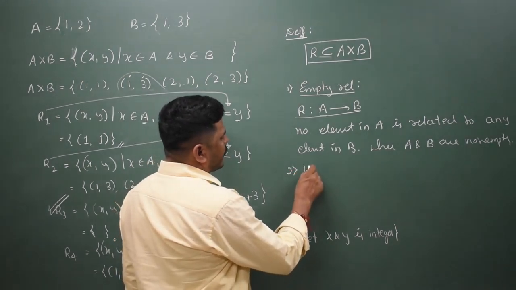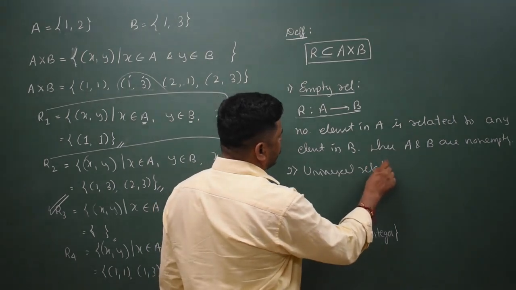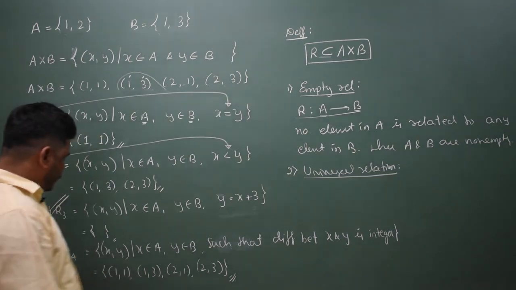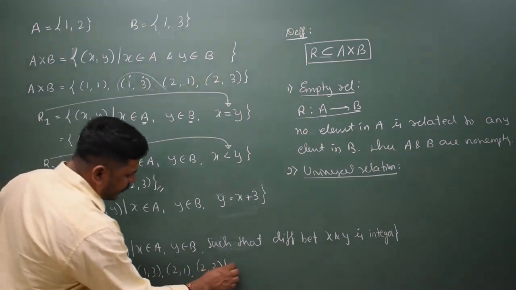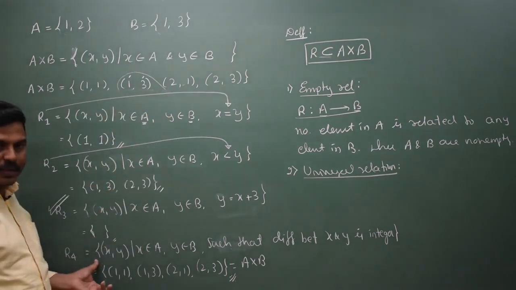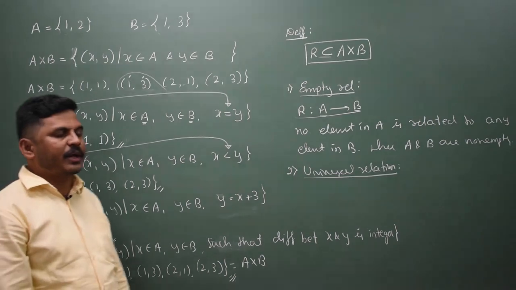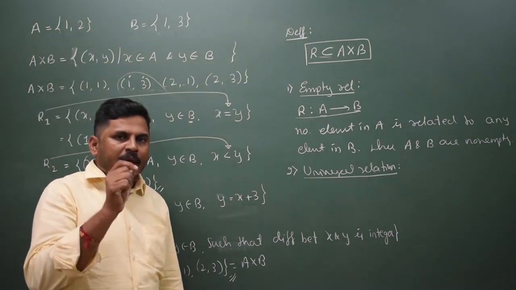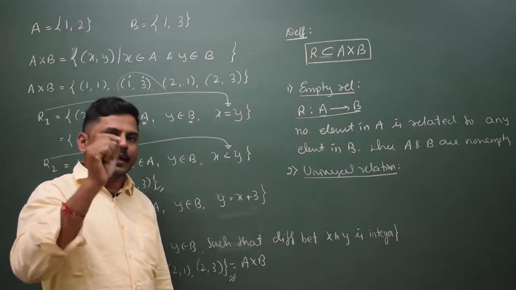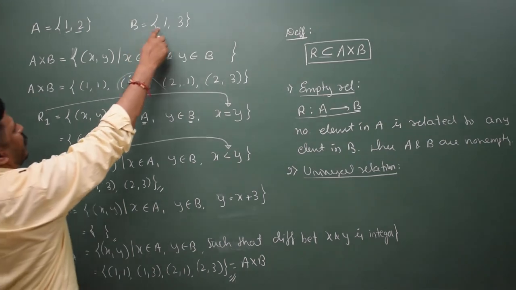Second one, universal relation. This is called universal relation. Is it equal to A cross B? Look, have all the elements in A cross B come here? Then what is universal relation? Each element of A is related to every element in B. Look, each element in A, 1 and 2, is it related to every element of B?